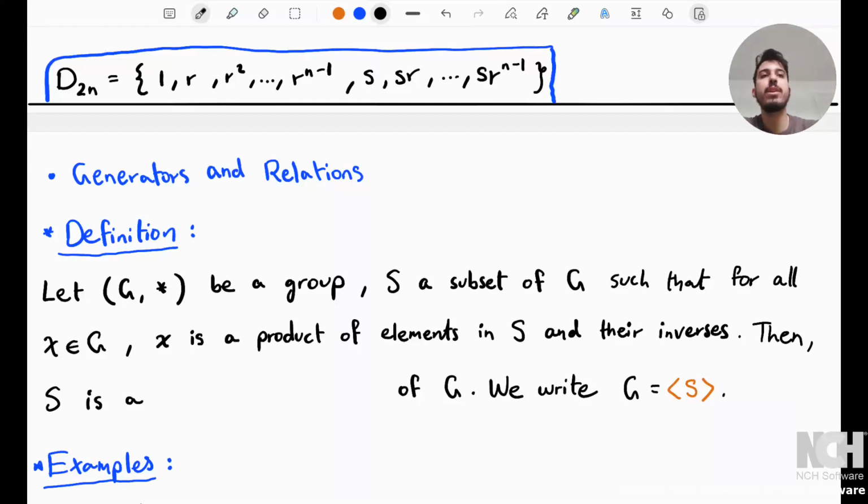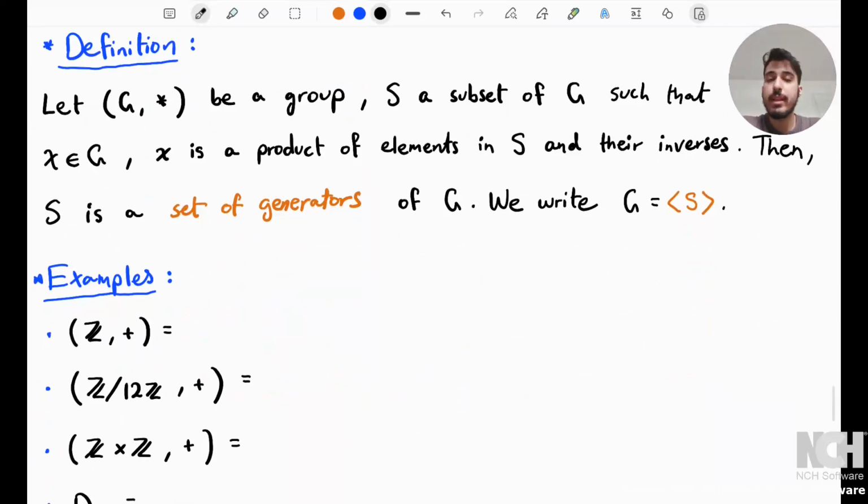Then in this case, we call S a set of generators of G. We write G to be S with 2 brackets like that. Let us see what some examples are, which will make it clear about the definition of the set of generators of G.